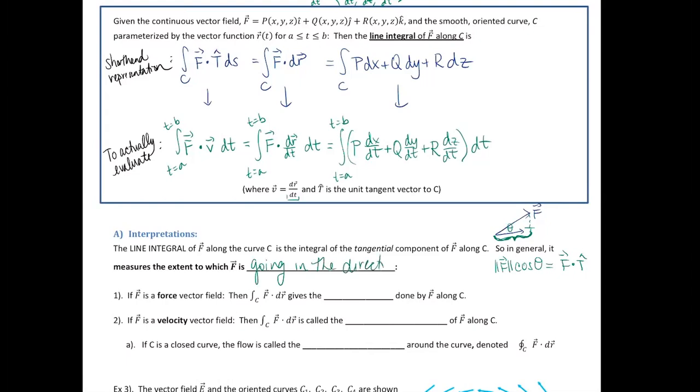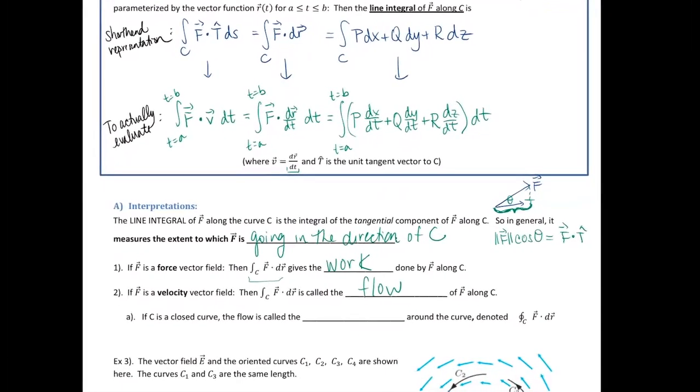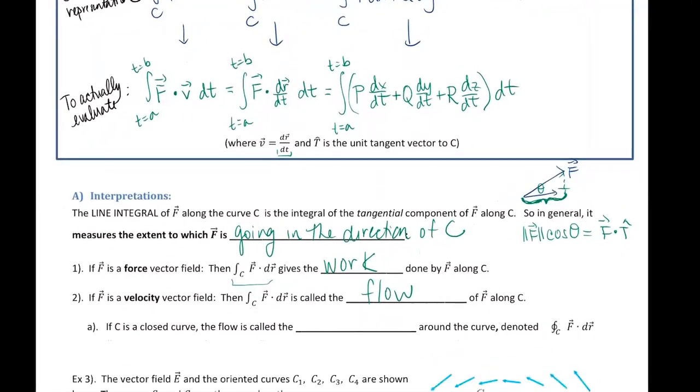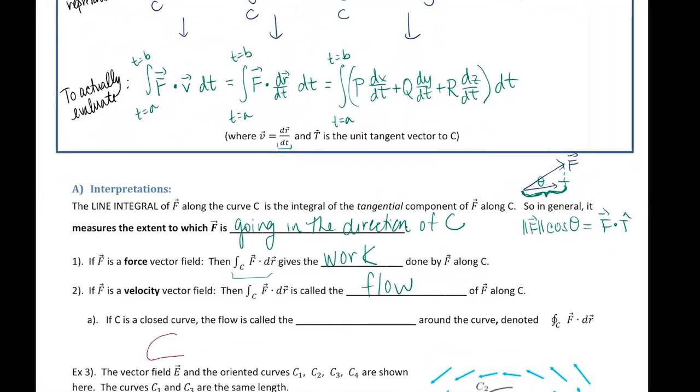And we can interpret that if F is a force field, then this quantity, which we showed on the previous page, is going to give us the work. If F is a velocity field, then we have a different name. We call this quantity the flow of F along C. And in particular, if it's a closed curve, and by closed, we just mean that my curve here is connected this way, then this quantity is going to be giving us what we call the circulation.